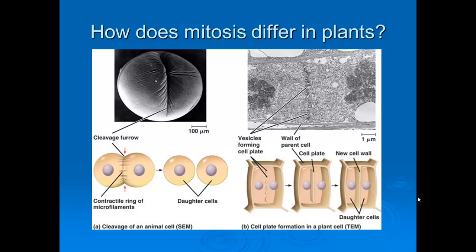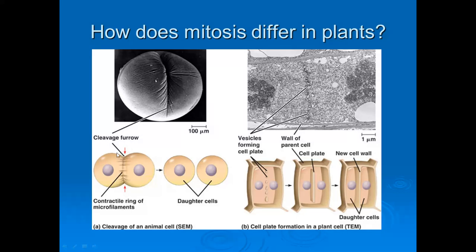Remember, in a plant cell, there are no centrioles. But in a plant cell, there still are spindle fibers emanating. There is a centrosome region. So if you're looking at this picture, this is a very good picture to use. During telophase, an animal cell forms what is called a cleavage furrow.